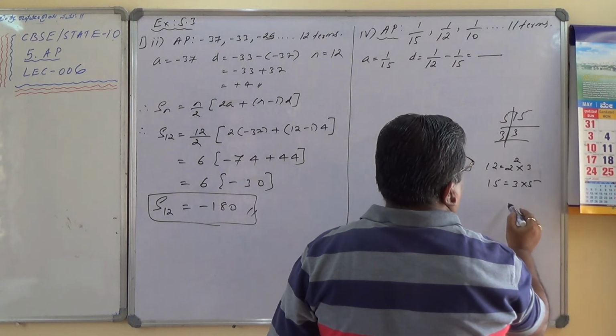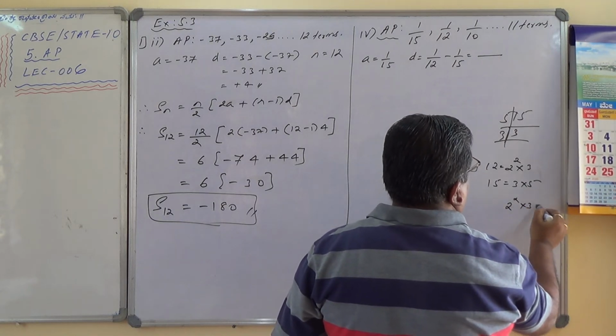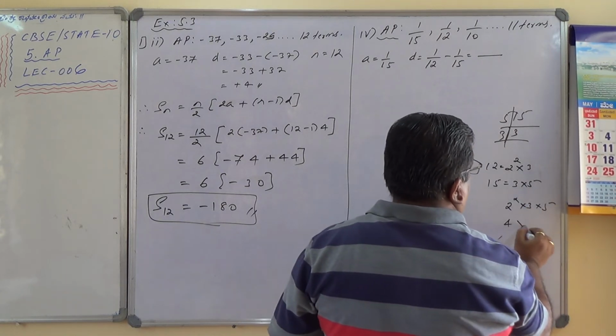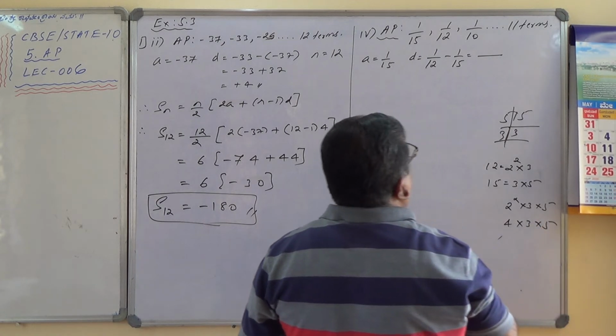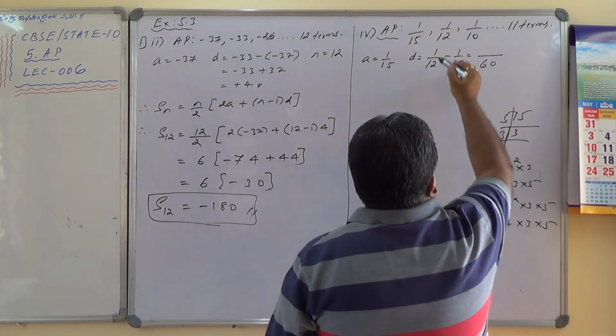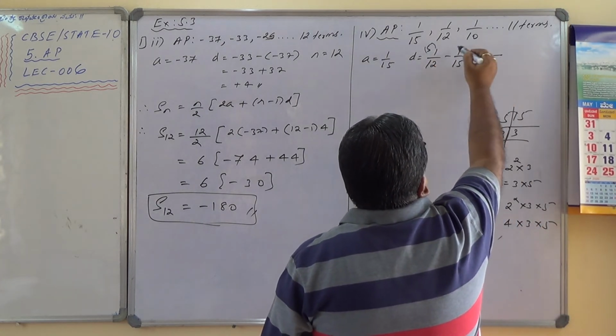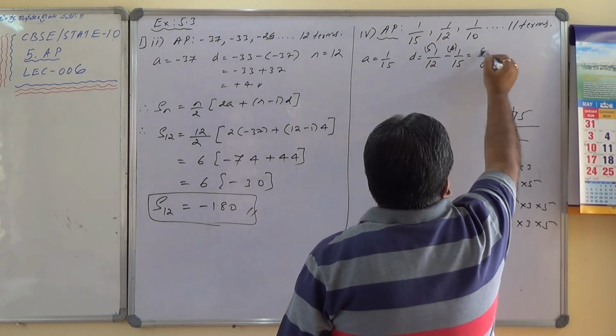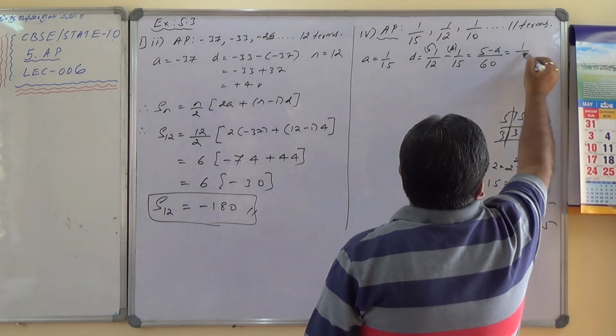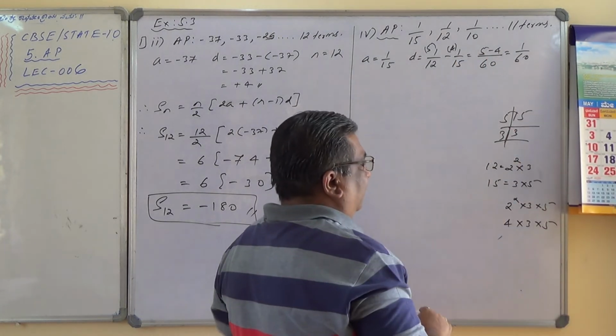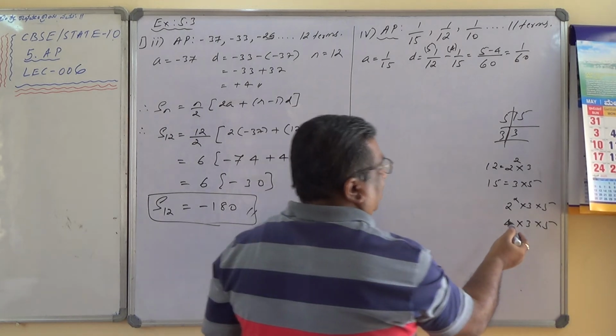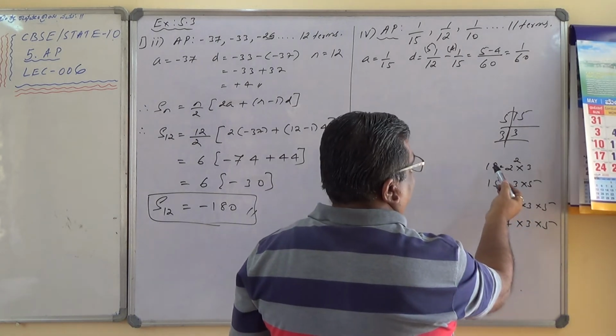So what is the LCM here? 2 square into 3 into 5, 4 into 3 into 5, which is 60. So it is 5 minus 4, which is 1 by 60. So the common difference is 1 by 60. Is it clear? So let us check 12 and 15.